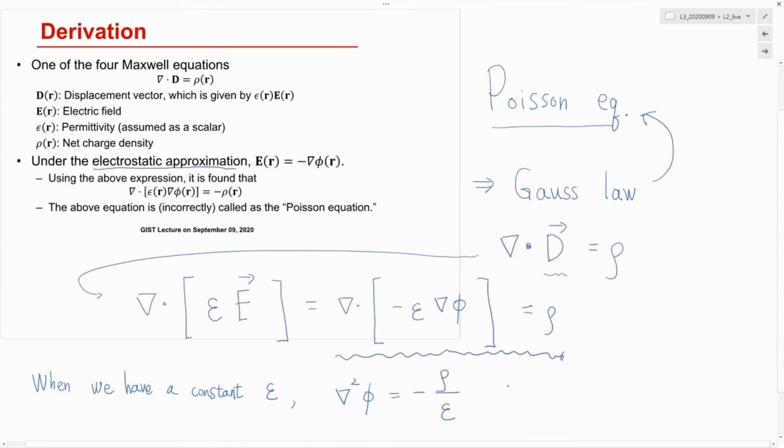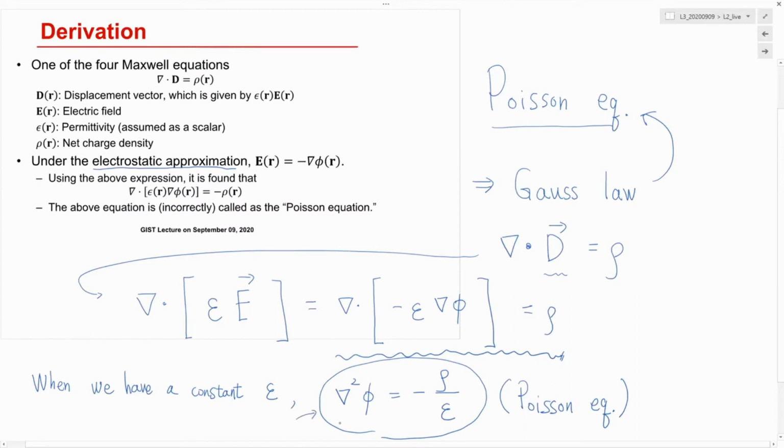Then this form is really the Poisson equation. Historically, people at the beginning of computational microelectronics solved this equation because at the time they considered only a single material. So there was no problem calling it the Poisson equation.